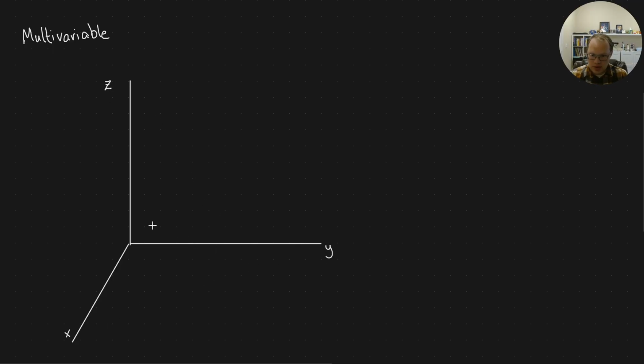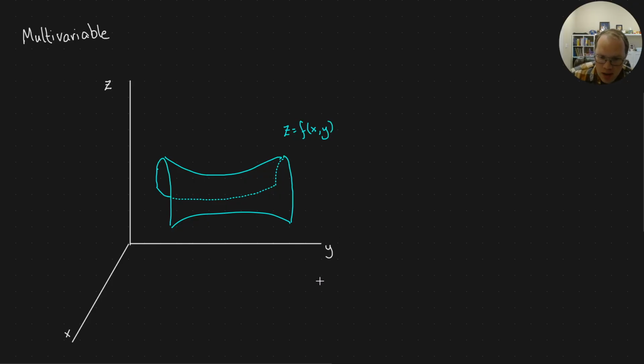So the idea is essentially the same. Okay? I have some function, and we'll say this function is z equals f of x, y, right? And I want to approach some point. Okay, maybe it's a hole in the surface.